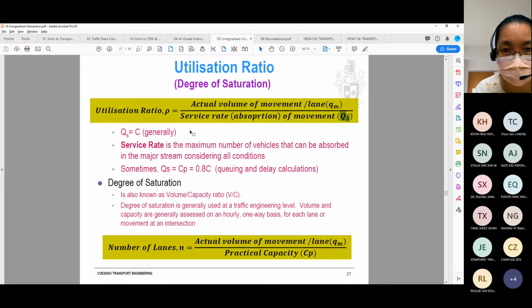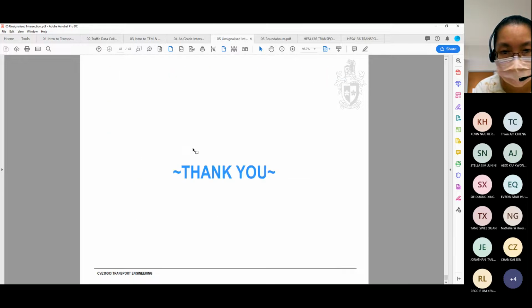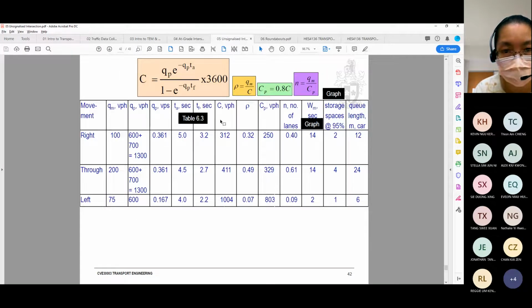Typically, when you calculate your capacity, the rest of the calculation, which is your degree of saturation, the practical capacity, the number of lanes and so on, will be based on the capacity that you have calculated. So we usually would just use C rather than QS.